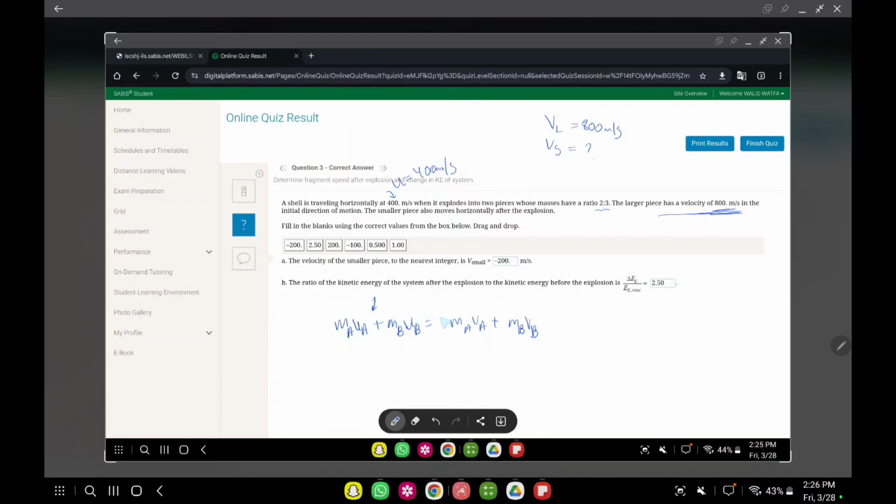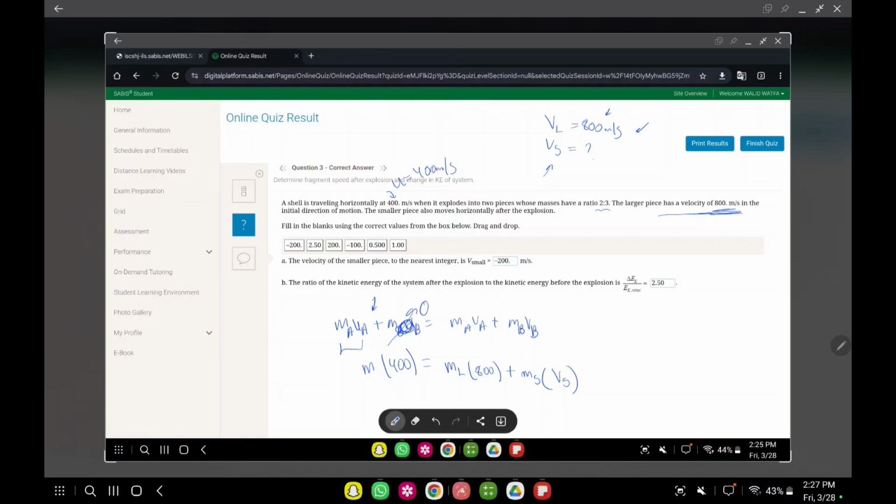It's the big piece exploding into two pieces. So obviously we're just gonna cancel this out and we're gonna call this our big object, our shell. Okay, the mass of the shell we don't know, we're just gonna say mass of the shell times its initial velocity, which is 400, is equal to, we're gonna talk about the larger piece and the smaller piece. The mass of the larger piece times the final velocity of the larger piece, which is 800, plus the mass of the smaller piece, which we don't know, times the velocity of the smaller piece, which we're trying to find.